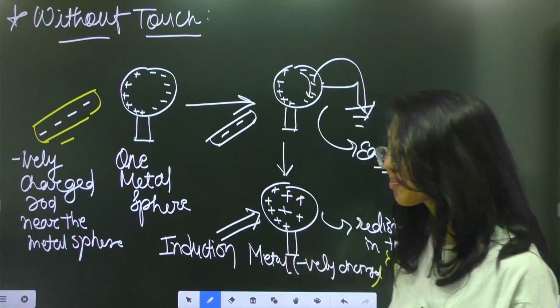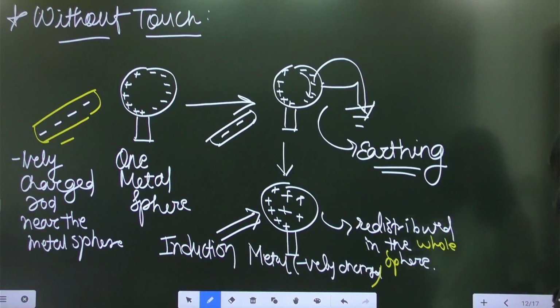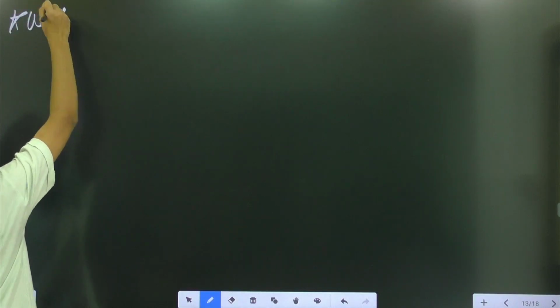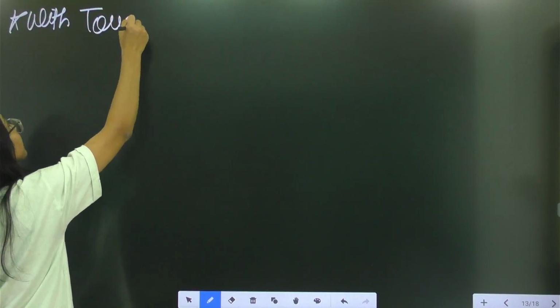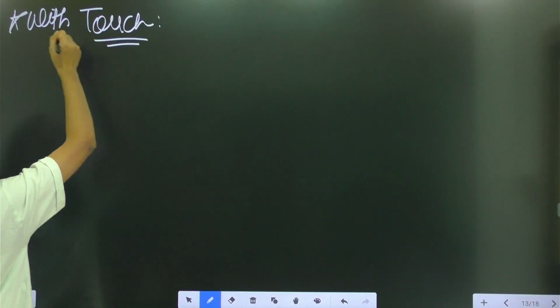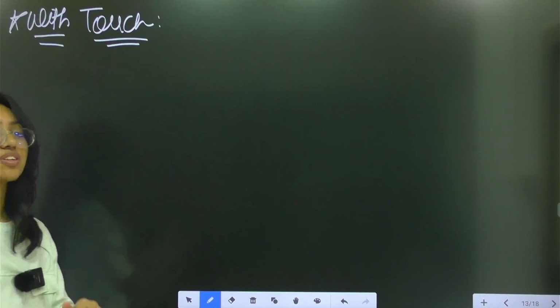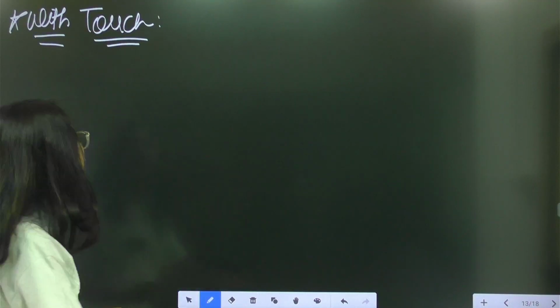Okay, now moving to the next topic, it will be with touch. Now how does induction work with touch? Now this one is pretty interesting. With touch, first we have to know that there are two cases, two scenarios.